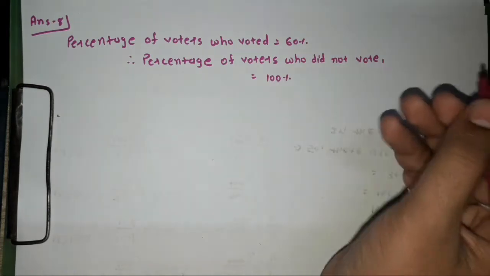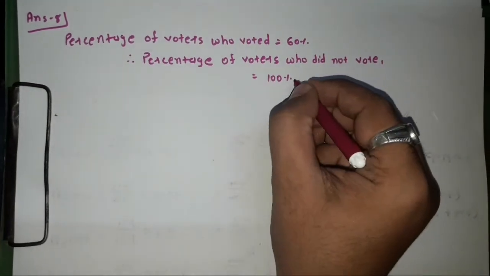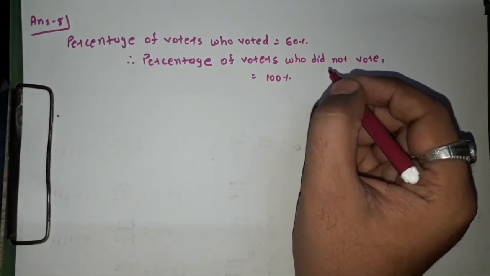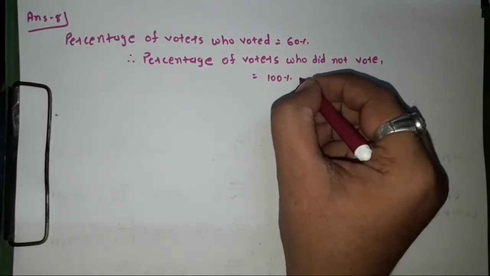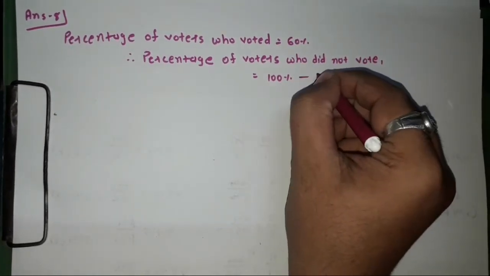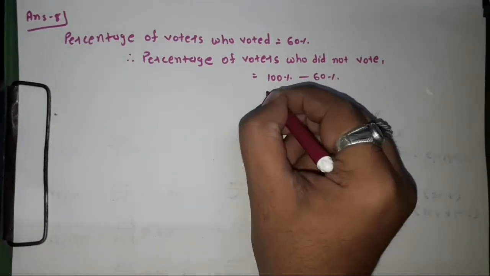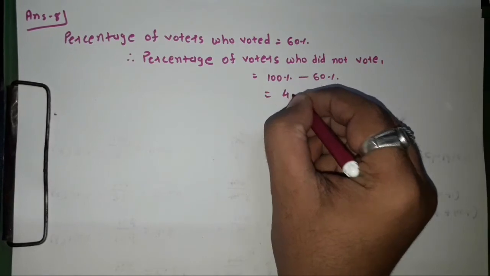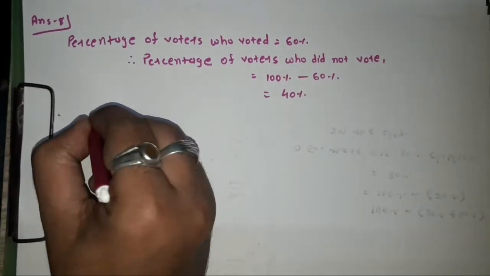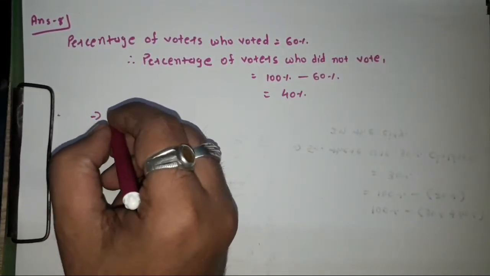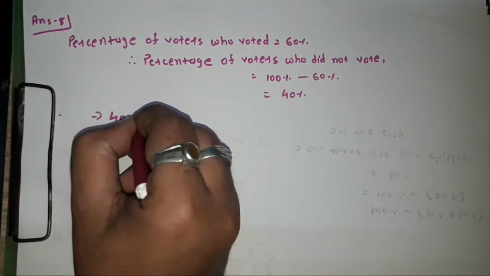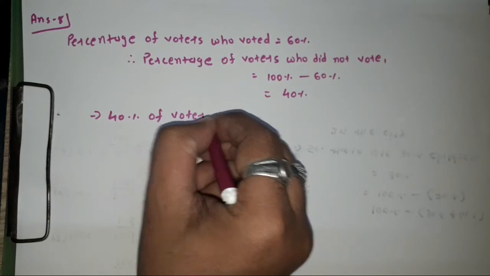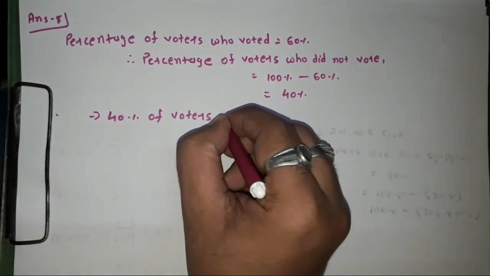If I subtract that 60%, the remaining answer will be the percentage of voters who didn't vote. So 100% minus 60%, that will remain 40%. This 40% shows that 40% of voters did not vote.